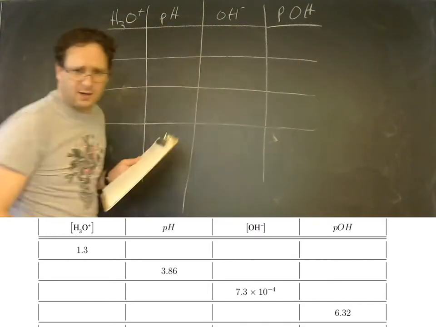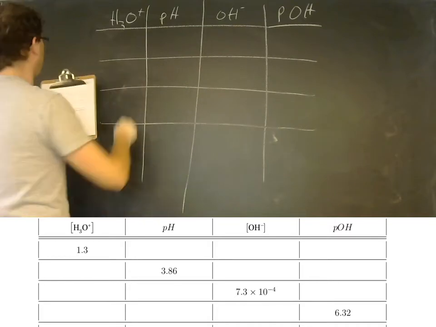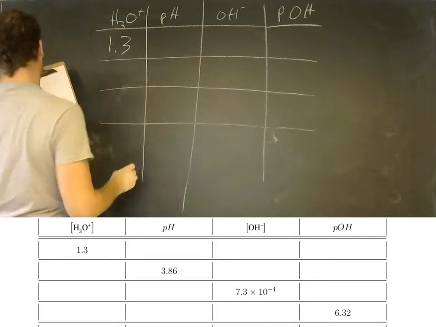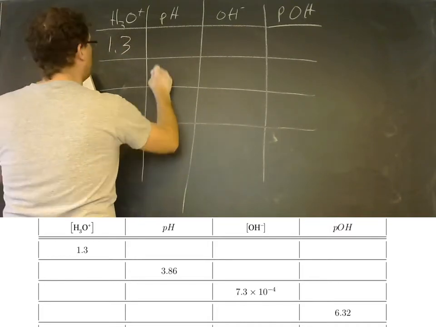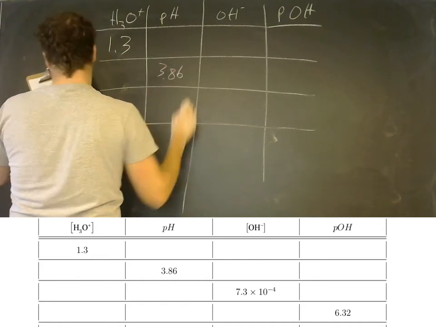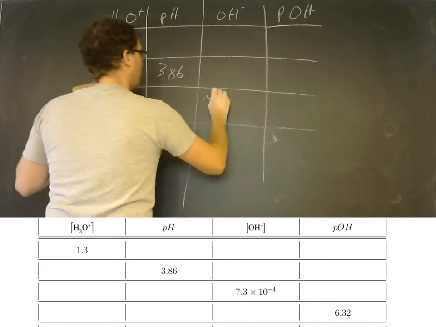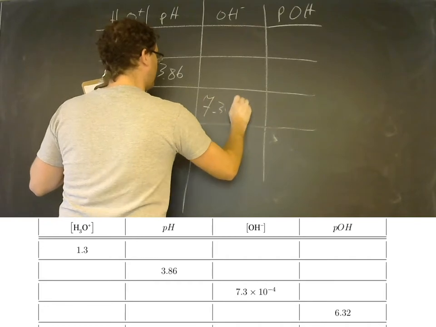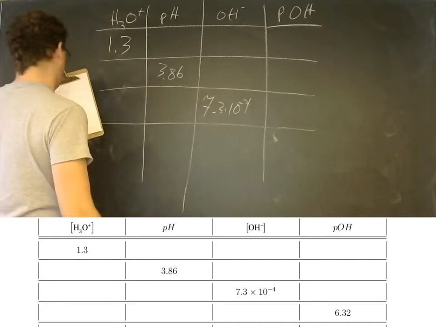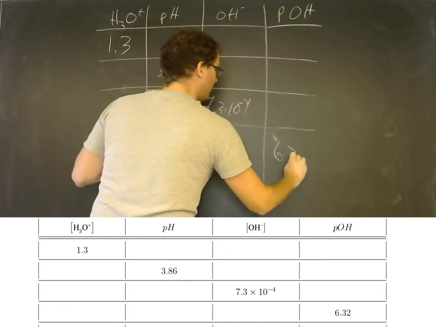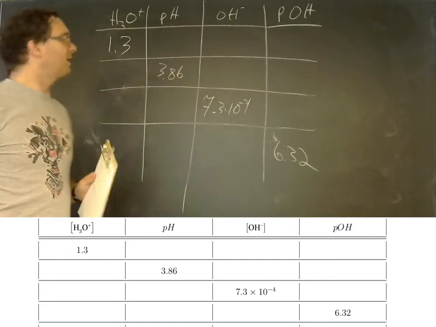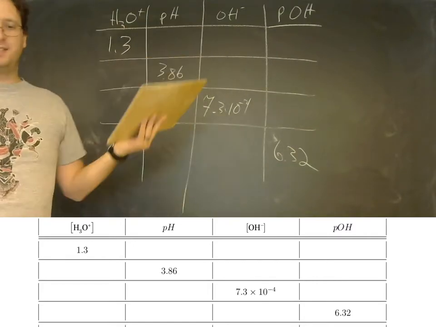So is that all going to fit? It is. And so we're given some values here, 1.3, 3.86, 7.3 times 10 to the negative 4th, and 6.32. And I like to start to fill in the easiest parts first.